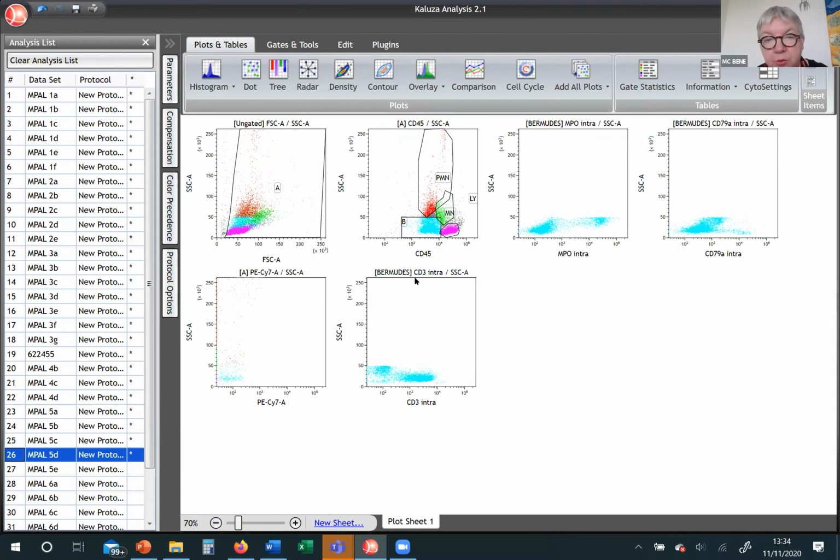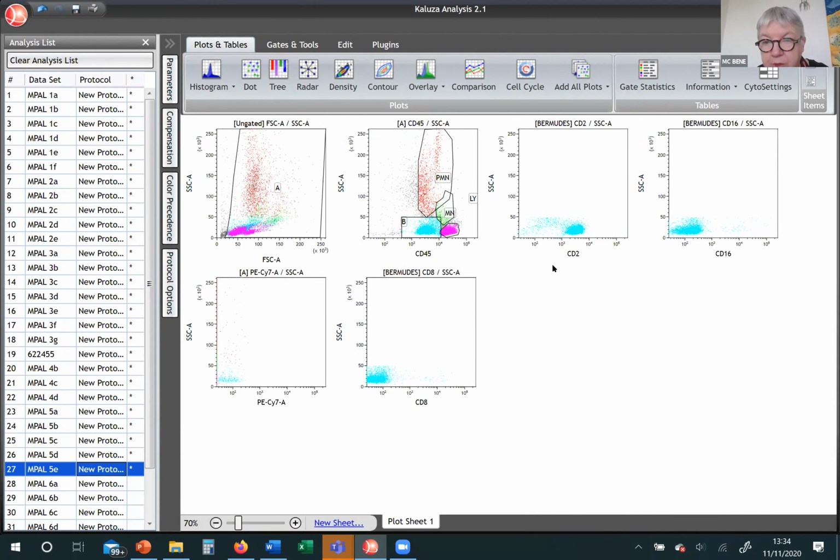So this CD7 that we saw was probably related to this population, and it's co-expressing the myeloid markers. And it's also CD2. So we have the number of T cell markers that we want, CD7, cytoplasmic CD3, and we have the myeloid markers. So this was a real case of T myeloid.